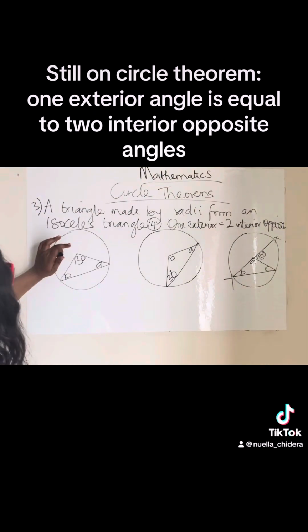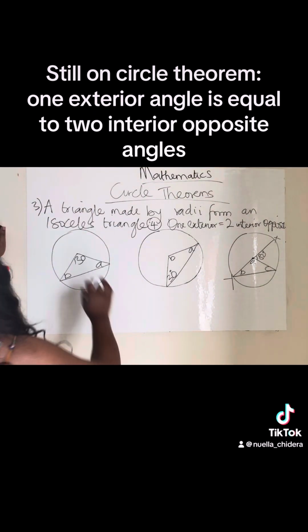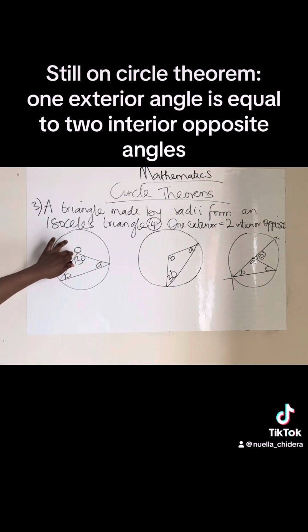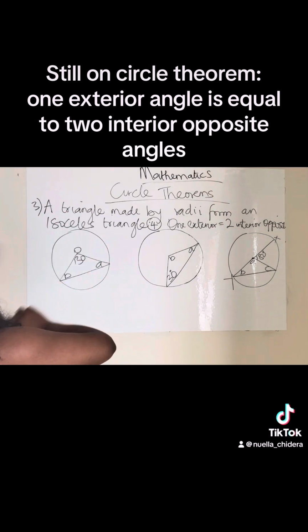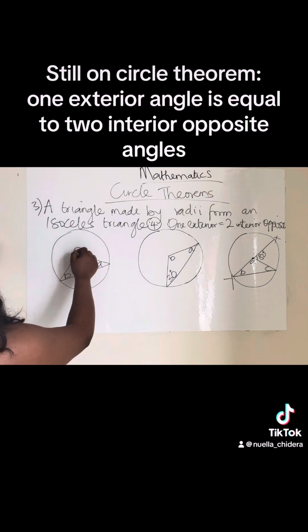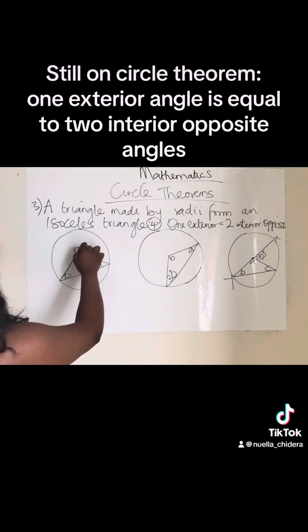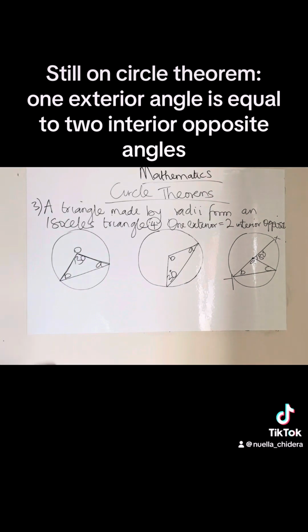So take for instance, we have an example here. We have a circle, and let's say O is the center of the circle. If we have a circle with O as the center, I will have a line drawn from the center of the circle. Any line drawn from the center of the circle to the tangent is called a radius. So we have two radius, which makes radii.